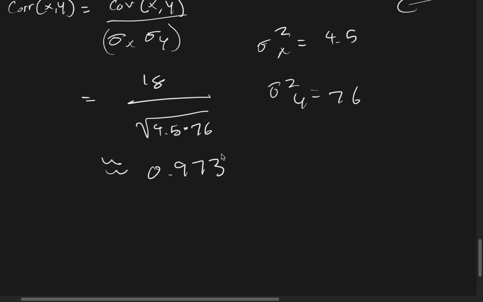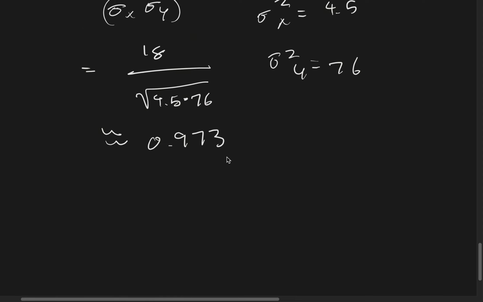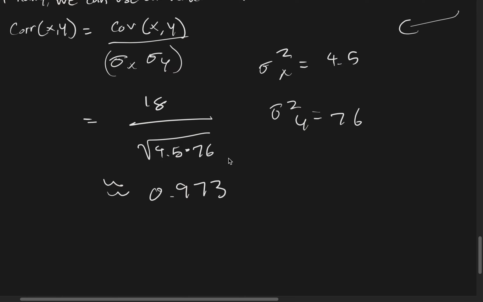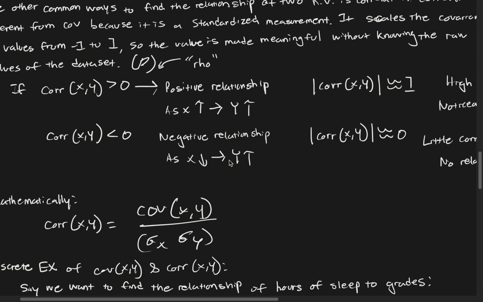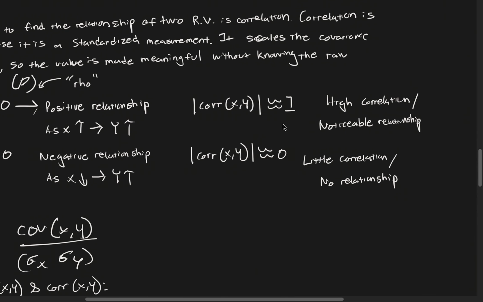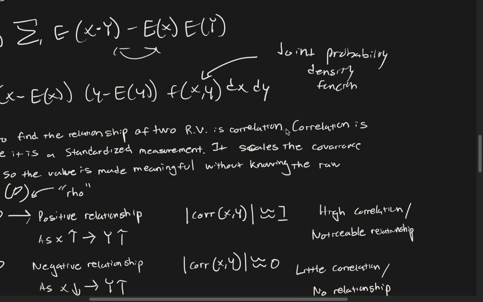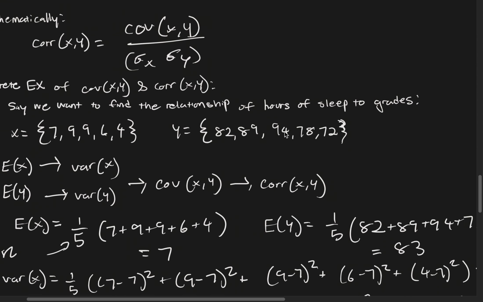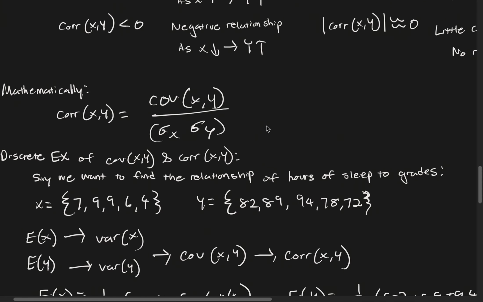So again, what does this final correlation value mean? Well, the correlation value we got is very close to 1. So like I said here, because it's very close to 1, or absolute value of 1, there's a very high correlation between the amount of hours of sleep a student gets and the grade that they receive.